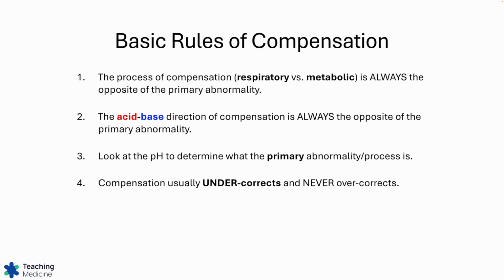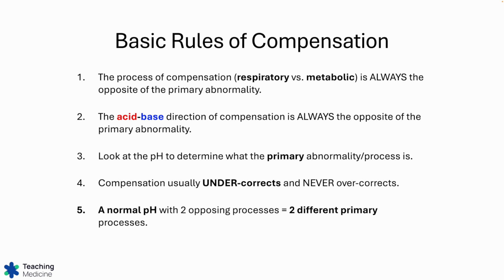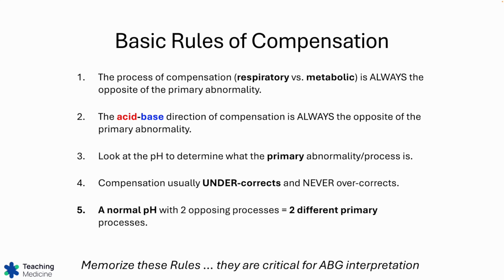Compensation usually undercorrects and never overcorrects. And when you have a normal pH with 2 opposing processes, then you have 2 different primary processes. Again, memorize these rules. They are critical for ABG interpretation.